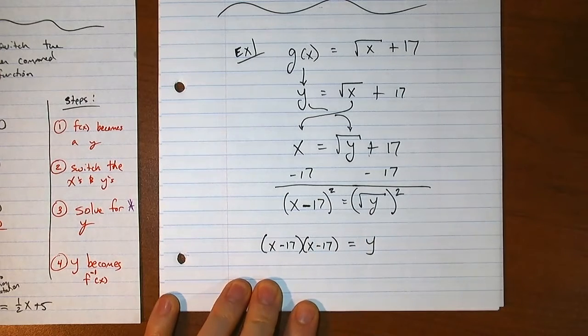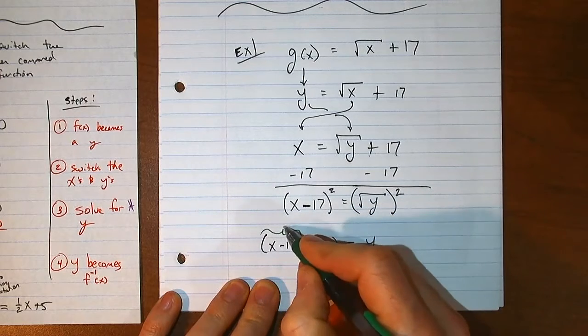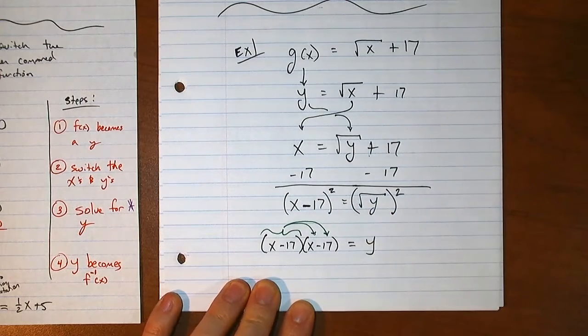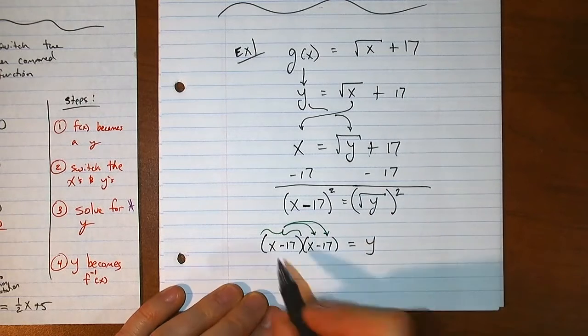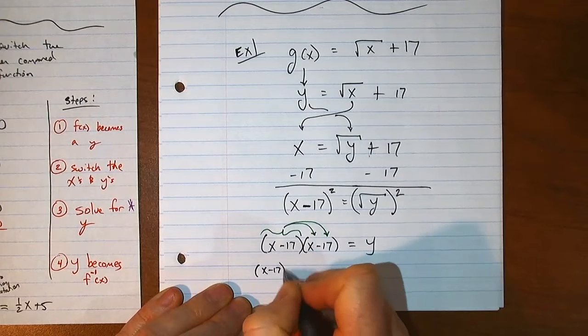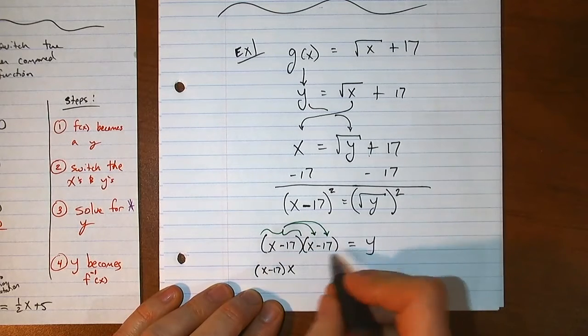To put it into standard form, just like we did last semester, I'll use a double distribute technique. So I'm going to distribute that first thing into the parentheses. There's my first distribute. So I get this thing times an x, and then I get this thing times a negative 17.